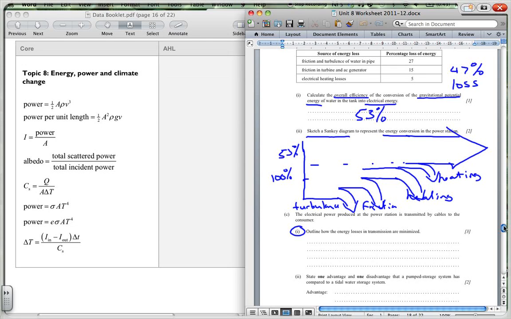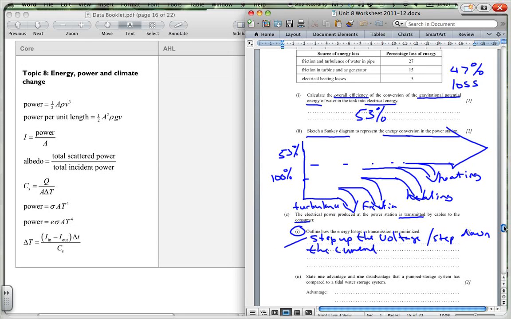And then finally we've got these two questions. The electrical power produced at the AC power station is transmitted by cables to the consumer. Outline how the energy losses in the transmission are minimized. Basically, you step up the voltage and step down the current. So you make it high voltage, low current.